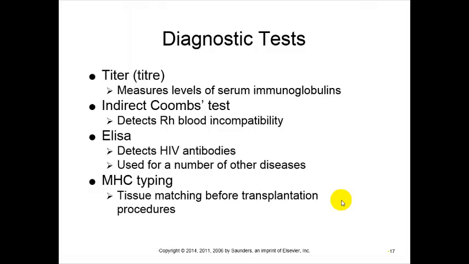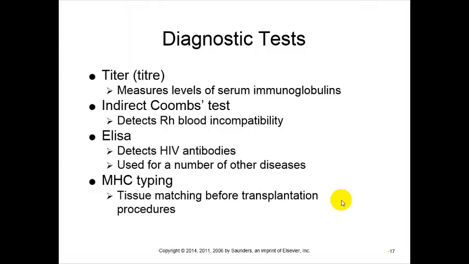We can see if there's any level of antibodies circulating in our blood. Okay, and they do make people do these before getting certain jobs in the medical field. We can do an indirect Coombs test, which detects the Rh factor, which is one of the blood types, whether you're positive or negative. So we can detect that.